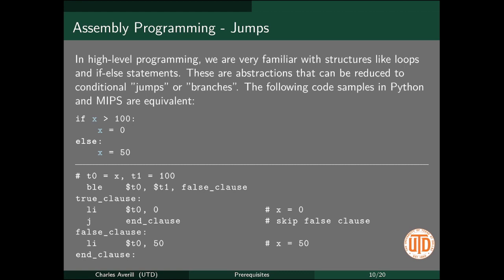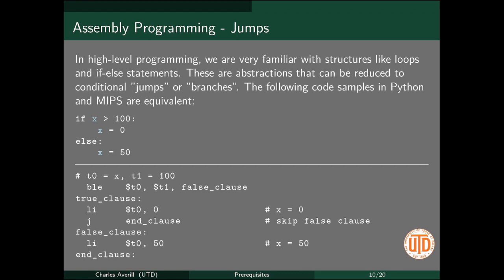And you can see that we're going to call this li instruction right underneath the false clause identifier. li stands for load immediate, which basically says copy this constant value into this register. So here we're copying 50 into T0, which we said was x. So this is kind of like setting x to 50. And then after that li executes, it's going to go right to that end clause. So that's only if x is less than or equal to 100.